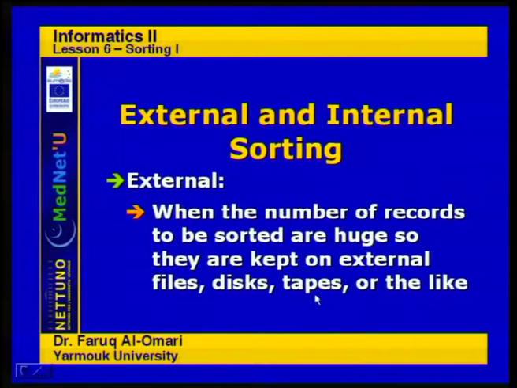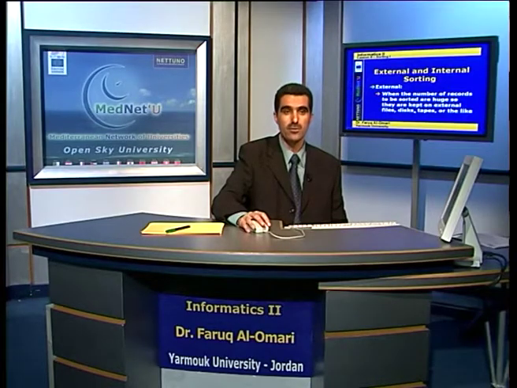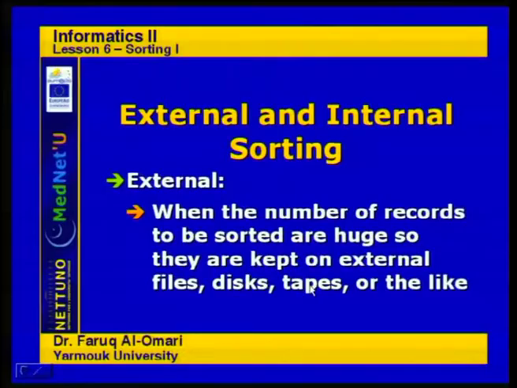So the data will be kept in external, and that's why the name external, on external storage, like files, disks, tapes, and any other means. So if the data is too huge to fit in the memory of the system, then the data is going to be kept on these secondary storage means, and then to sort it, we have to go back and forth between these devices and the main memory to be able to sort it.